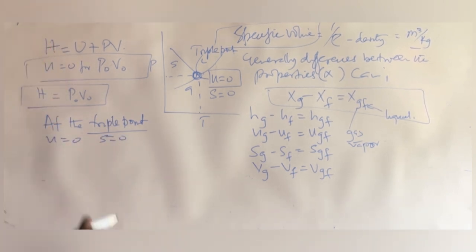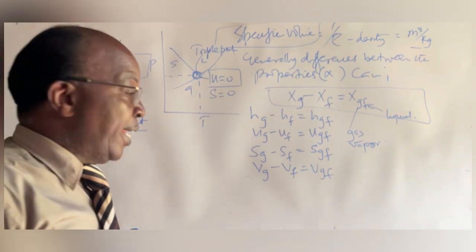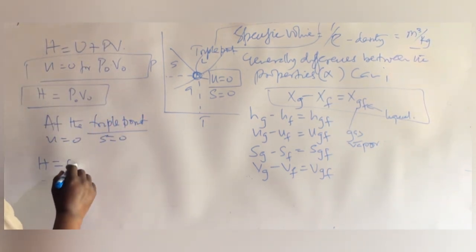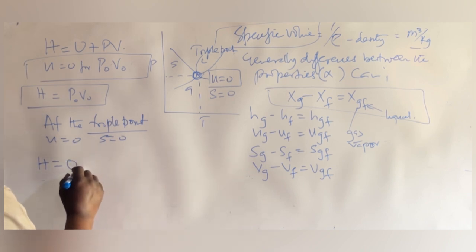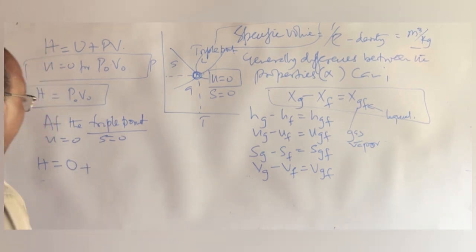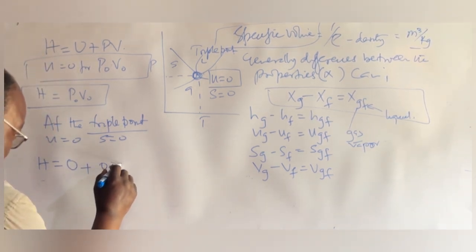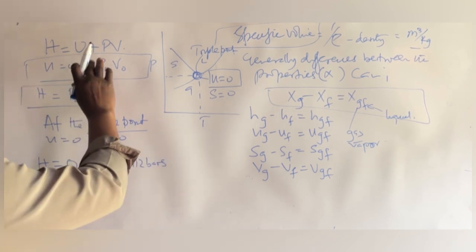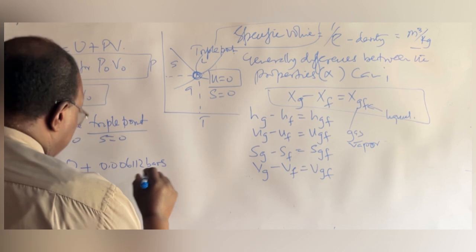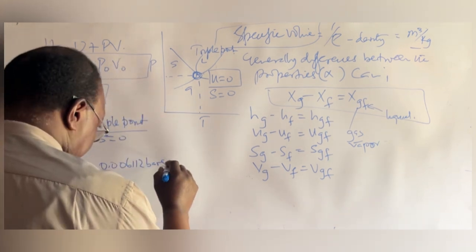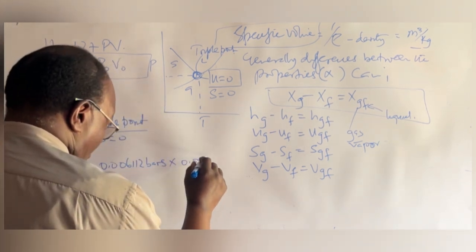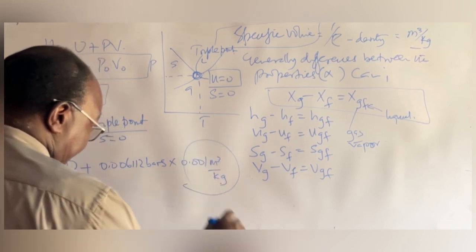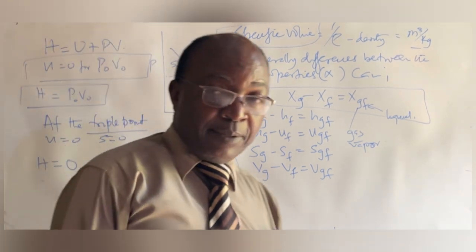Therefore, if we plug that in the expression for enthalpy and internal energy, then we see that H is equals to 0 at the triple point plus, what was the pressure at the triple point? Remember, it was 0.006112 bars, and then times the specific volume at that point, which is 0.001 meters cubed per kilogram. That is in the steam tables.